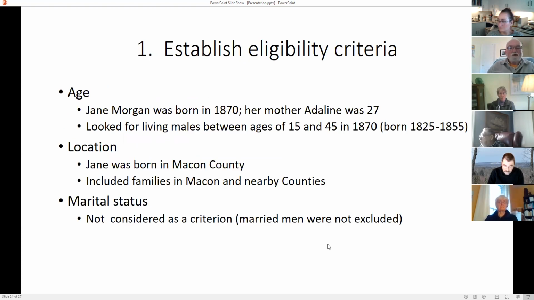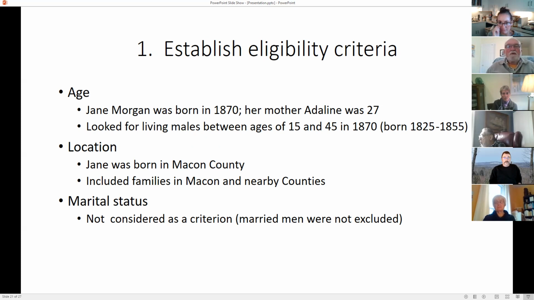First of all, of course, the person had to be male. We're again looking for the great-grandfather. So that had to be male, probably born 1825 to 1855, because I kind of narrowed down and said in 1870, when Jane was born, her father was probably somewhere between 15 at the low end and probably not much more than 45 on the high end.